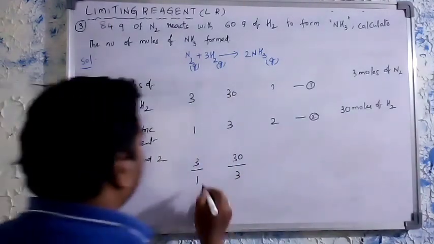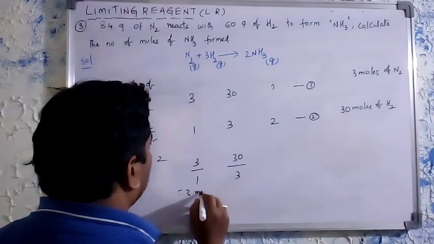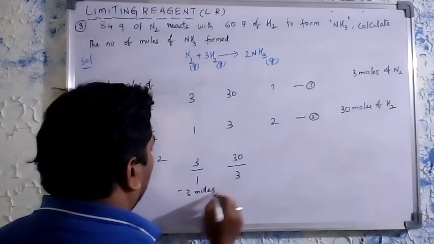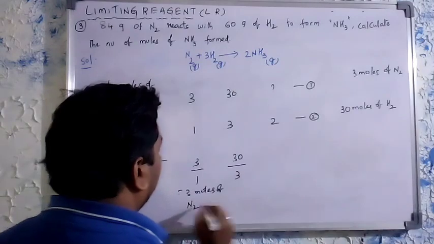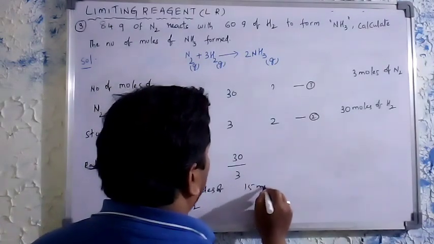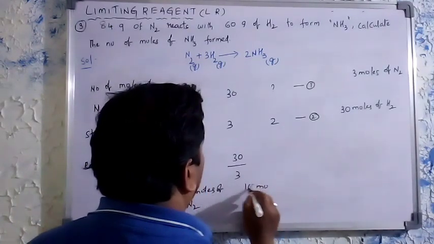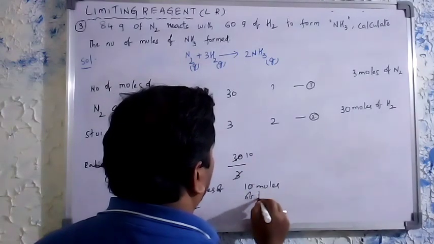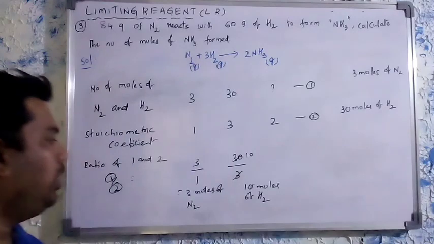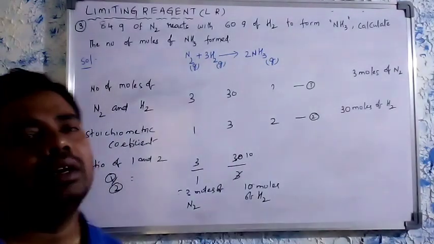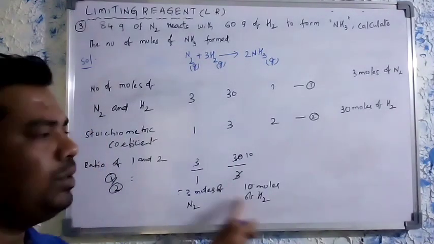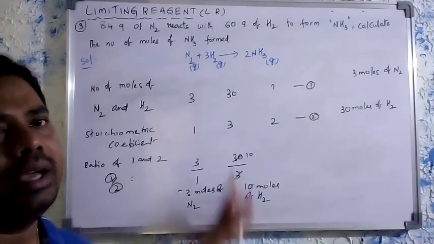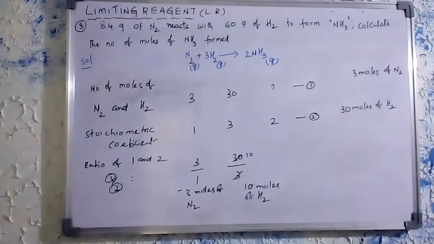That is equal to 3 moles of nitrogen and 10 moles of hydrogen, since 3 ones are 3, 3 tens are 30. So 3 moles of nitrogen and 10 moles of hydrogen are consumed in the reaction to form ammonia as a product.